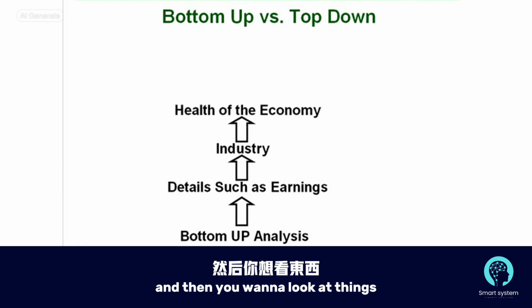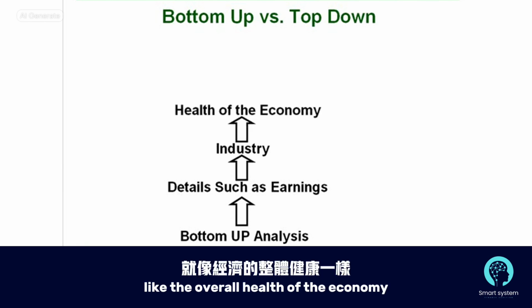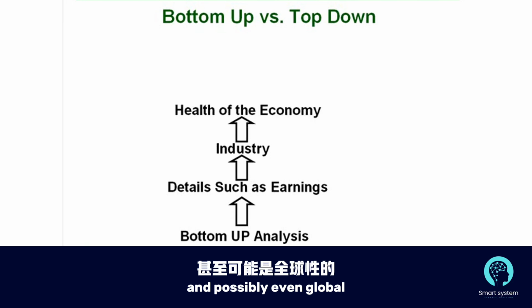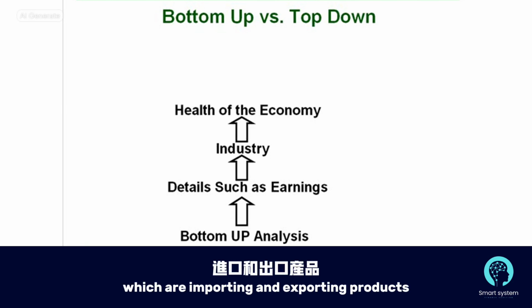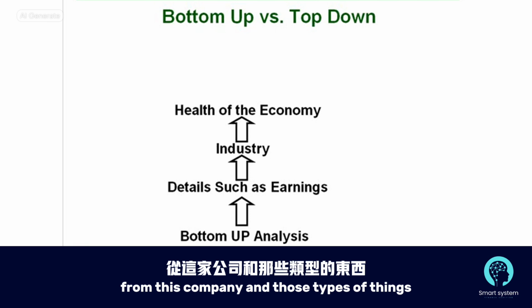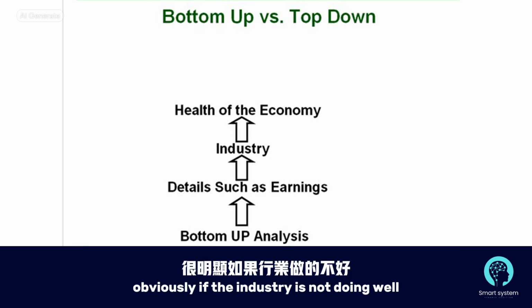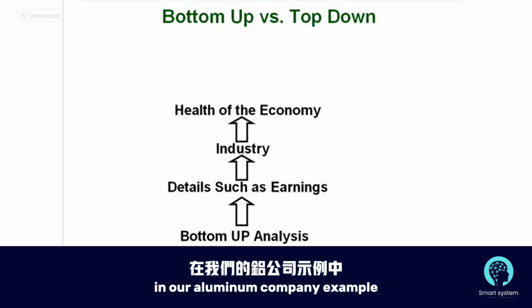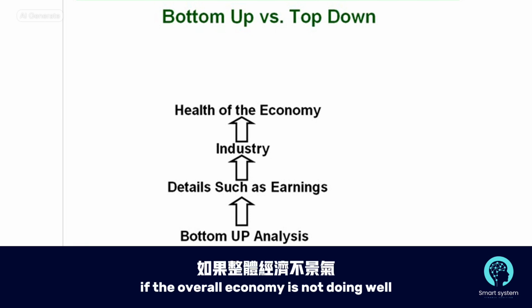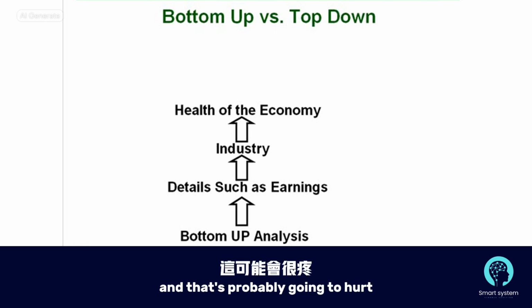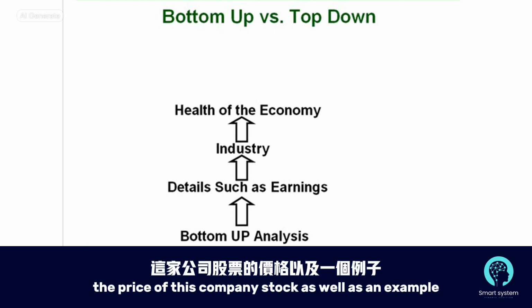And then you want to look at things like the overall health of the economy and possibly even global effects, such as other countries which are importing and exporting products from this company. Obviously, if the industry is not doing well, in our aluminum company example, or if the overall economy is not doing well, that's probably going to hurt the price of aluminum and the price of this company's stock as well.